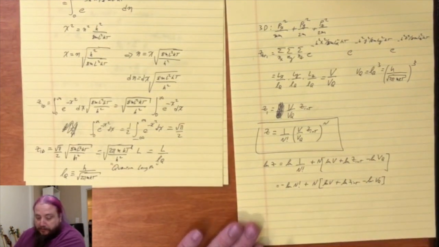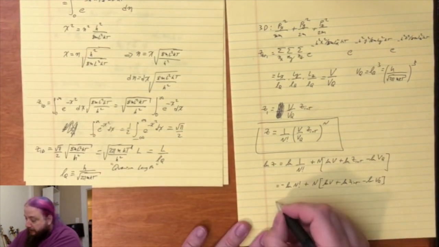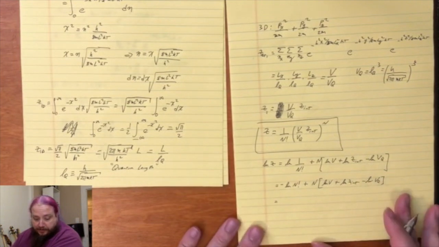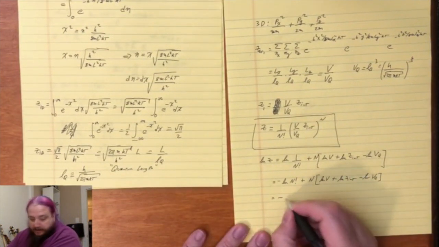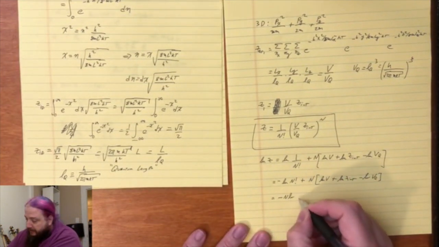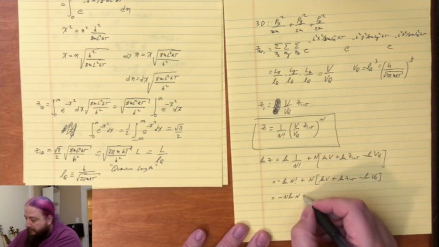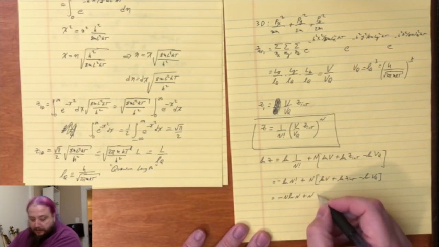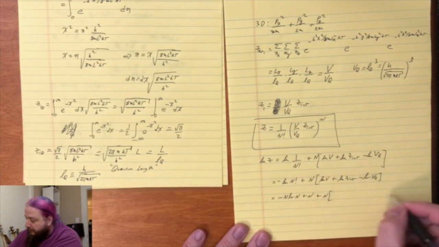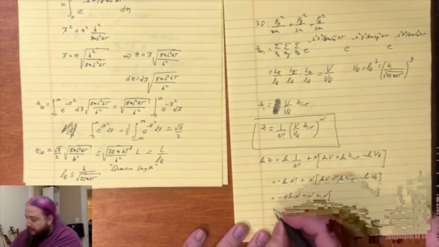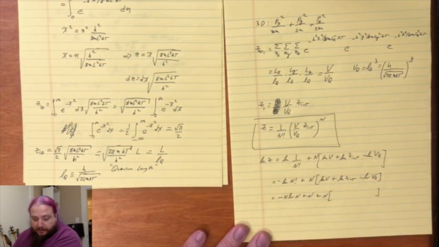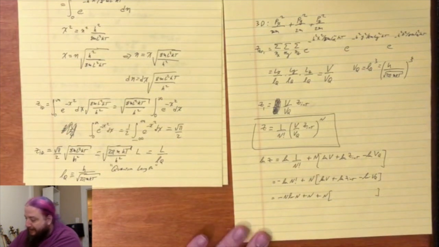We can use Stirling's approximation here, assuming that the number of particles is large. So minus N log N plus N, plus N times all the stuff in there. And we combine all the things that are multiplied by N here.